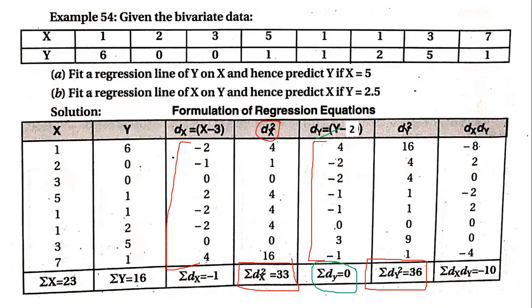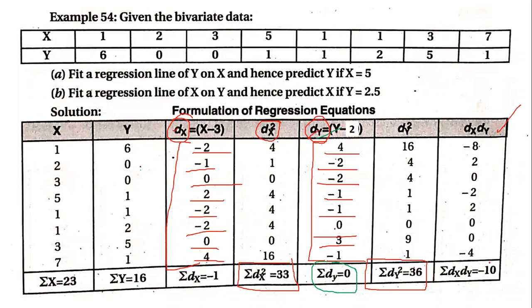And finally, multiply dx into dy to get dx dy. So 2 into 4, minus 2 into 4 is minus 8, minus 1 into minus 2 is 2, 0 into minus 2 is 0, 2 into minus 1 is minus 2, minus 2 into minus 1 is 2, minus 2 into 0 is 0, again 0, 4 into minus 1 is minus 4. So we have multiplied dx and dy.